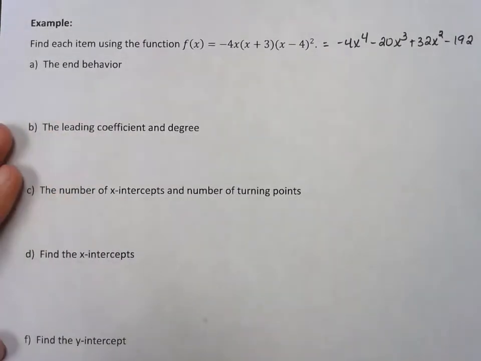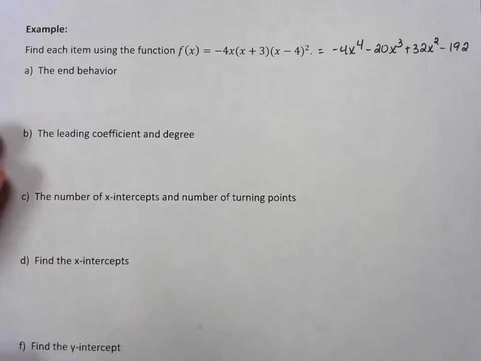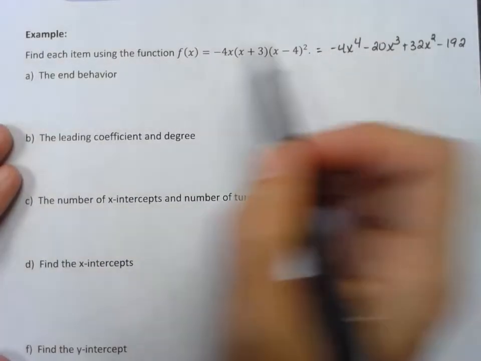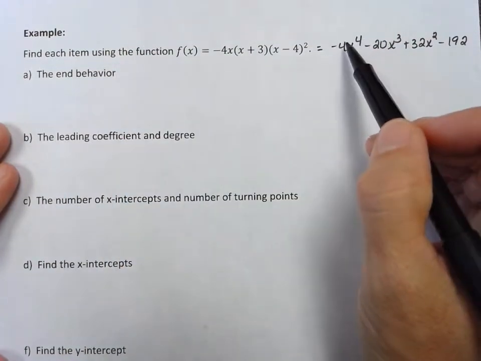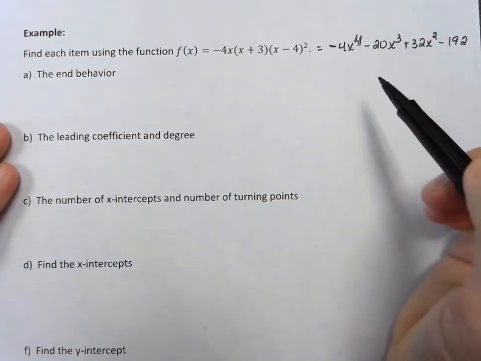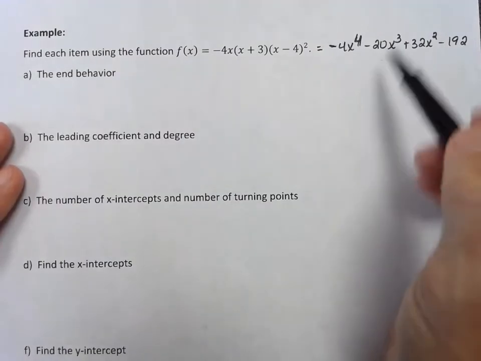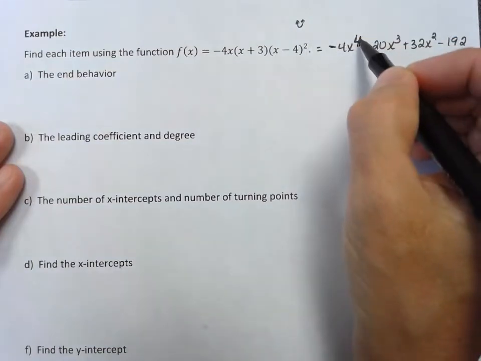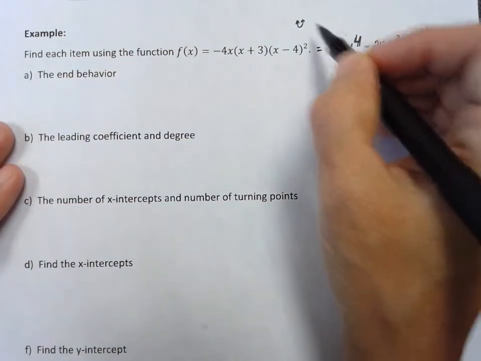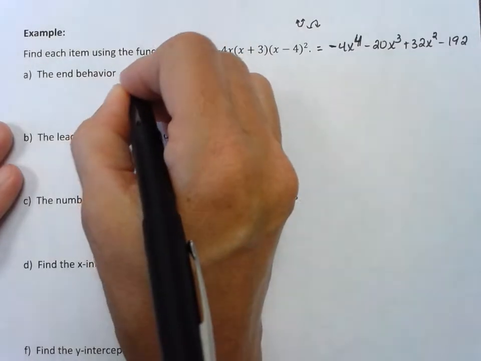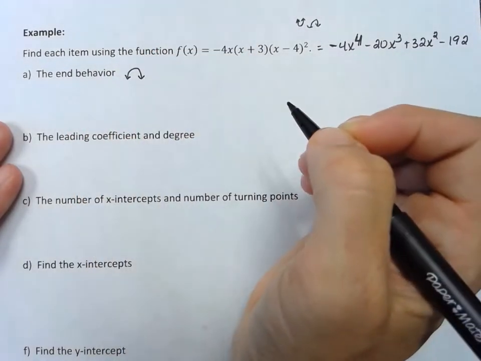Hopefully you don't have to do that at some point. Right now it's okay if you still need to do that though. So the end behavior, remember, is based on the sign of the leading coefficient and the degree of the polynomial. This is degree 4, which makes us think parabola because it's even, but since it's negative, we know it's flipped over, right? So we know that the end behavior does something like that.